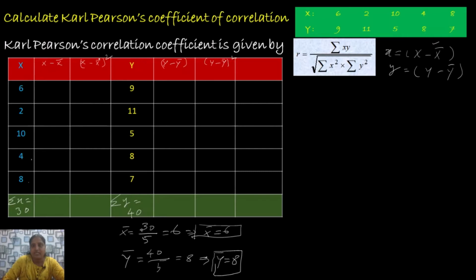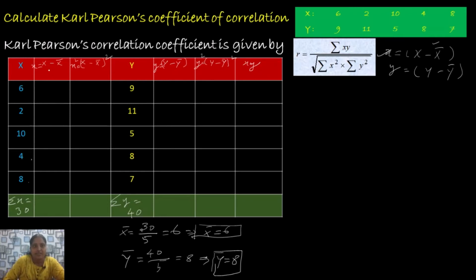This x minus x bar is x, so this is your x square, and this y minus y bar is y, and this is your y square. And you make a product of these two, that is we need the xy value too in the numerator of the formula. Xy is nothing but the product of x minus x bar and y minus y bar.